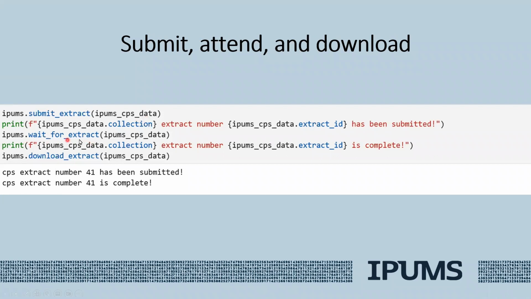And this wait for extract is a convenience method that periodically checks in with the IPUMS extract system and asks, is my extract done? Is my extract done? And when the extract system tells it, yep, it's complete, then it tells me that here with this little print statement. And then I can download that data, which will get me the data file and the DDI file, which I will need to read it into pandas.